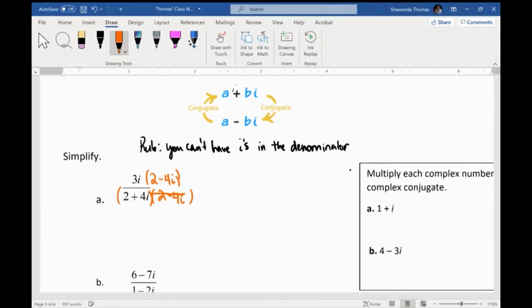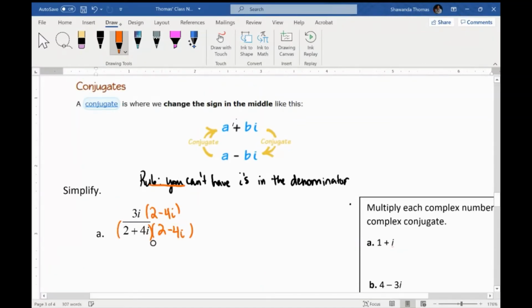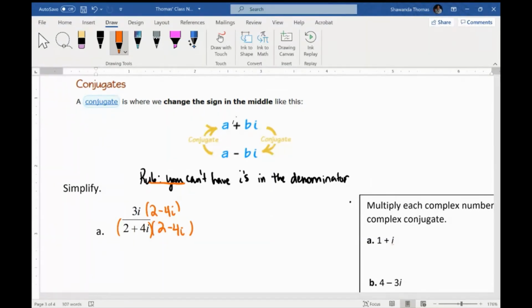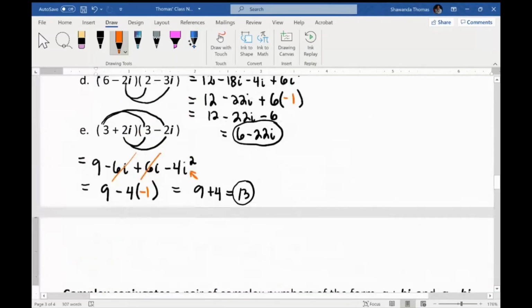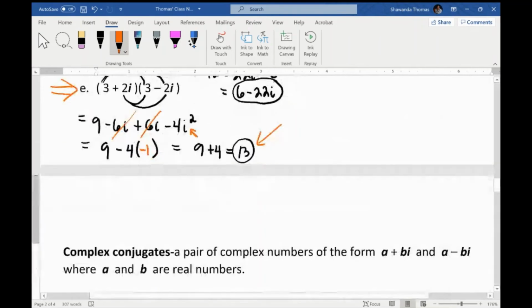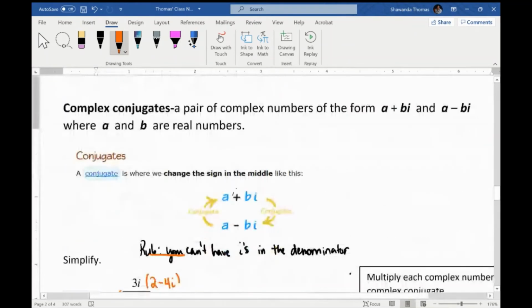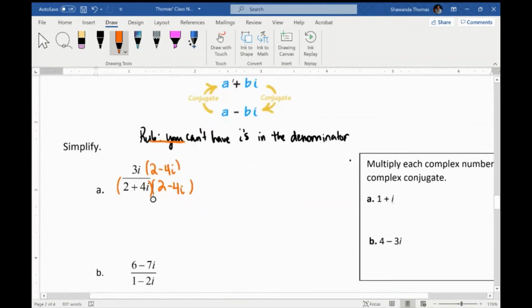A plus bi and a minus bi are called conjugates. From the previous example, we learned that when we multiply conjugates times each other, we don't have an i. So we're going to use that to our advantage and get that i out of the denominator by multiplying the denominator by its conjugate.